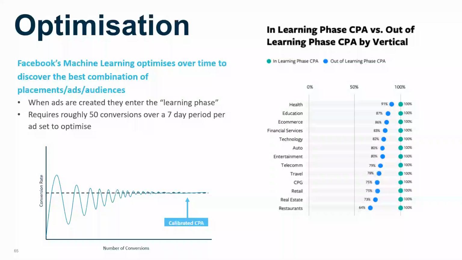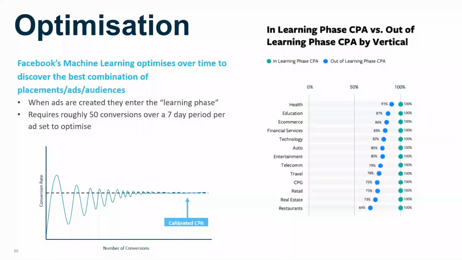The graph down the bottom shows the varying conversion rate over time as the system tries all the different placements, different ads, and different audiences, and then eventually it will reach a stable cost per acquisition.